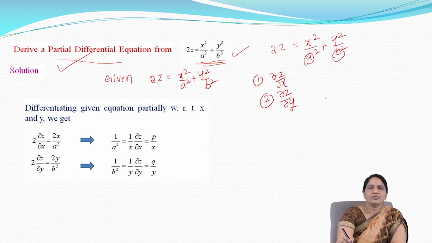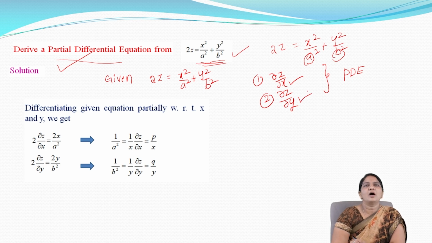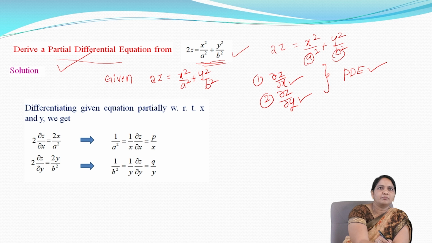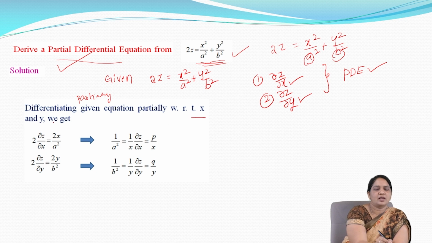After that, I have to simplify these equations to get a PDE. So I need to do the partial differentiation with respect to x and with respect to y, and then simplify the equations to get the PDE. That is the first step I am doing here, differentiating partially with respect to x and y.